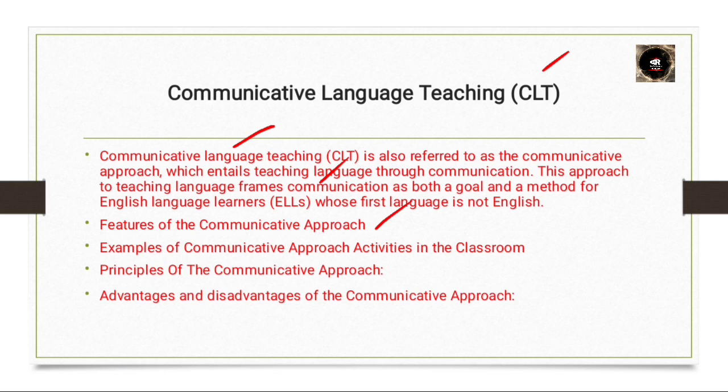Oftentimes, students who work together will feel more comfortable practicing fluency over the mistakes they make in their grammar. And this ensures that students are on the road to becoming fluent in the new language through collaboration, where students may learn from one another and work together.